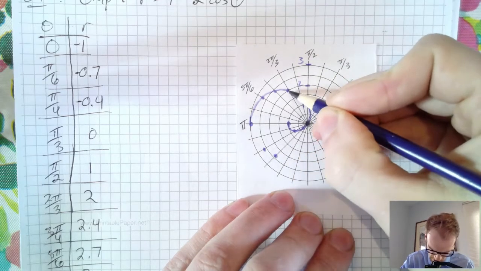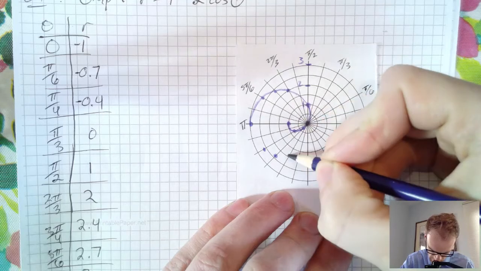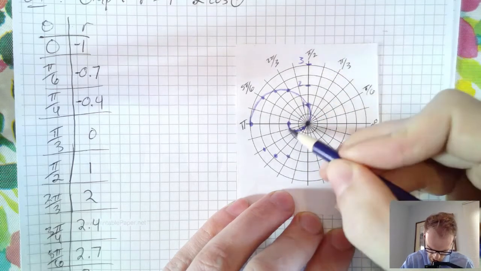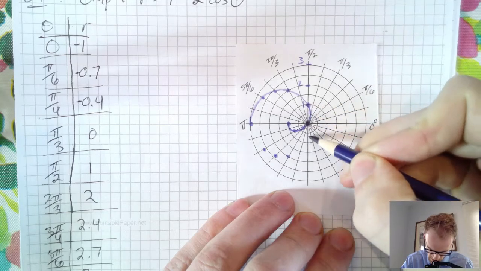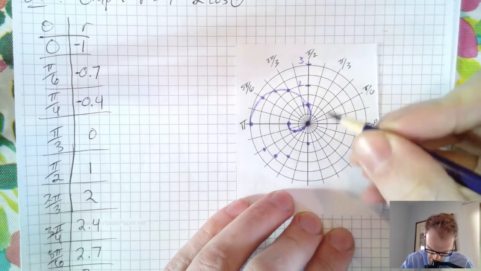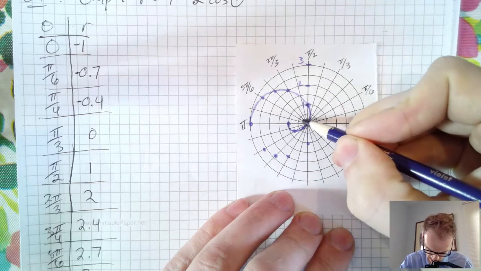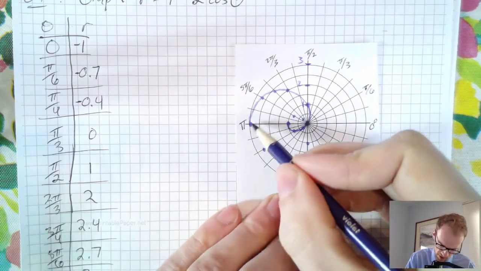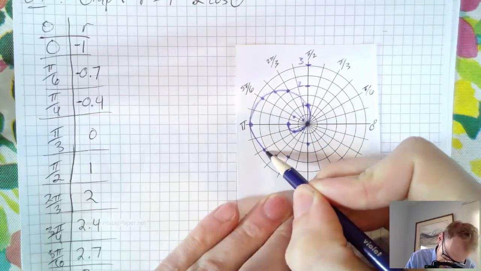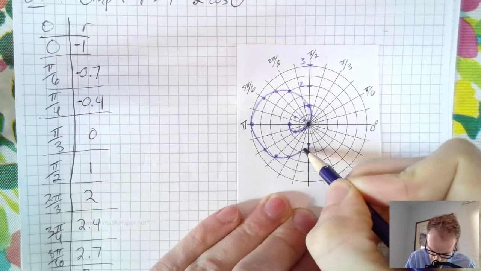This one goes here. I'm just reflecting each point one at a time. This is an easy one. It's just one above, so that becomes one below. And then there, and then there. So we'll continue our curve around, and we get this shape.